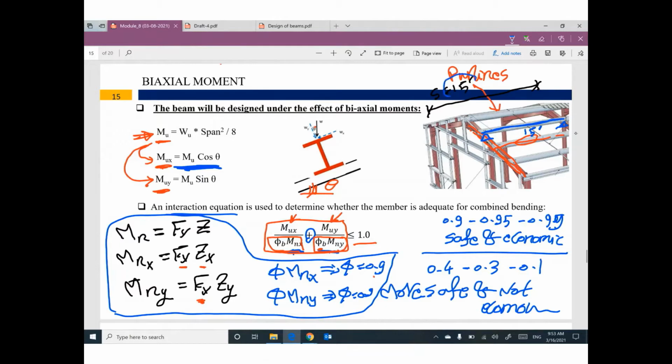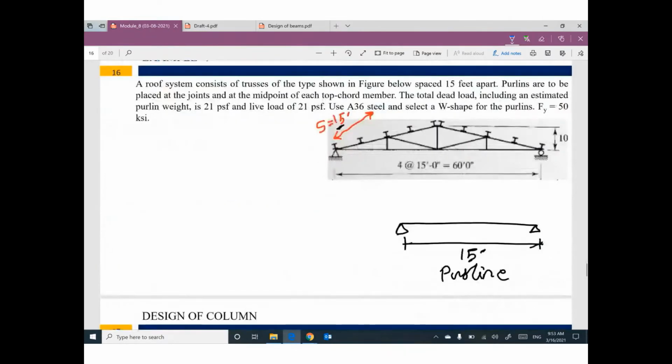If this spacing is too much, the span of the purlin will be too long. So be careful about this choice. Anyway, the trusses are spaced 15 feet apart, and purlins are to be placed at the joint and the midpoint.